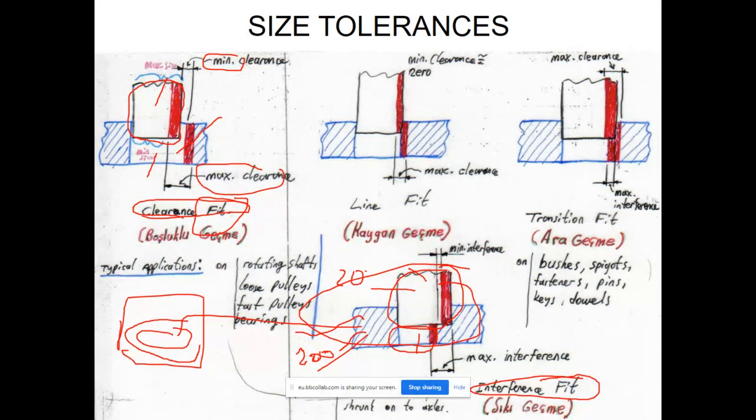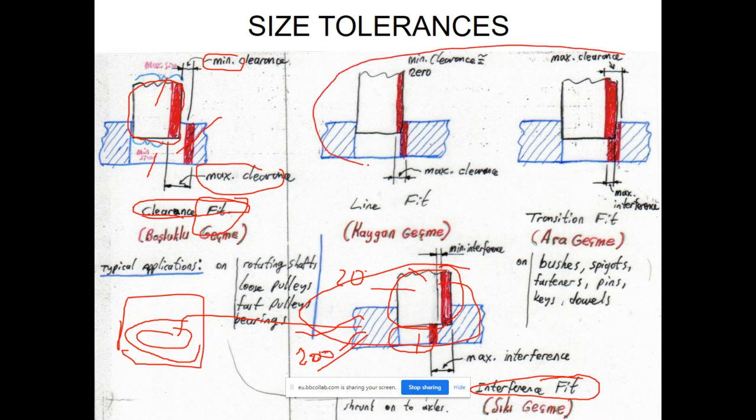But in all the cases, whether this has been manufactured at the upper limit, the other one at the lower limit, or any other in the range, there will always be interference. Yes, interference fit, sıkı geçme in Turkish.